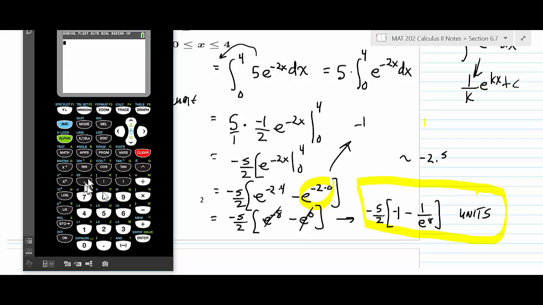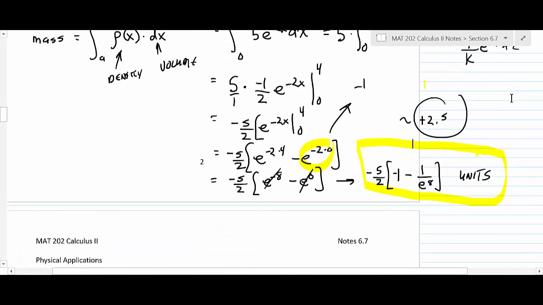So that would be negative 1, and then minus 1 over e to the 8th, like that. So that's better, positive 2.5, whatever the units are. All right, any questions about that?